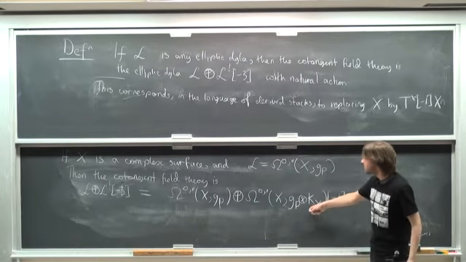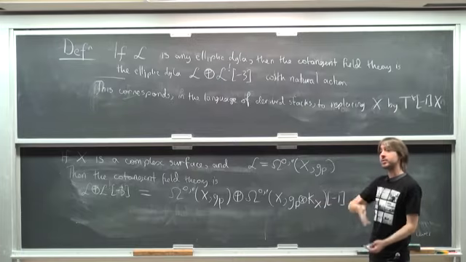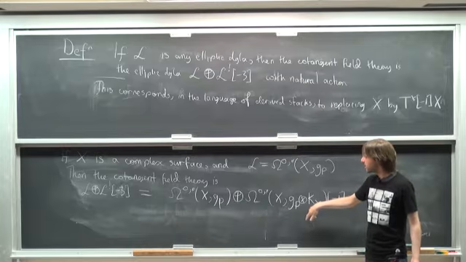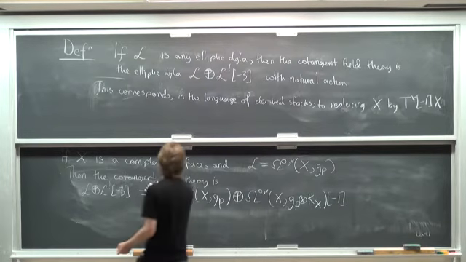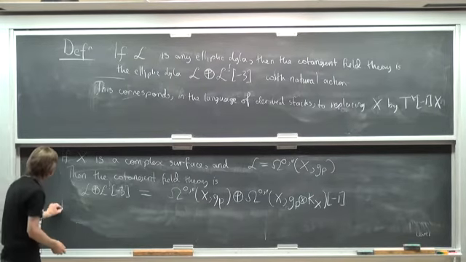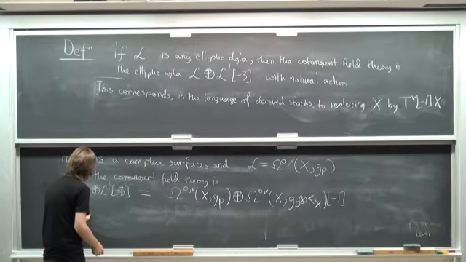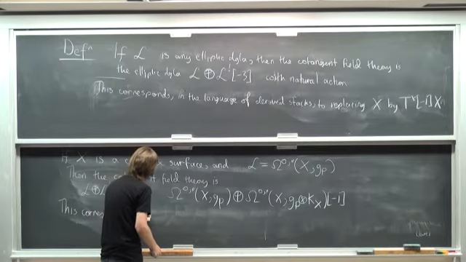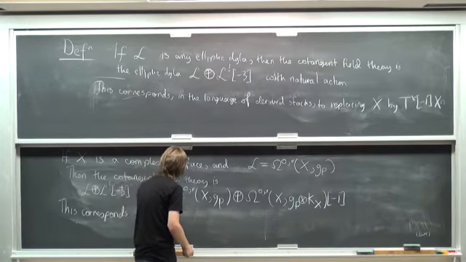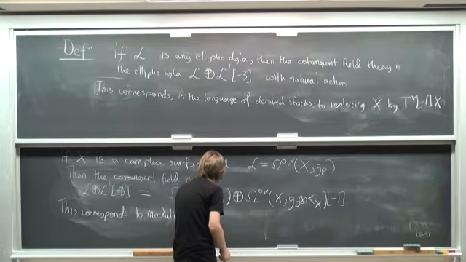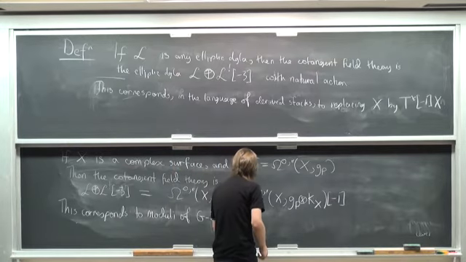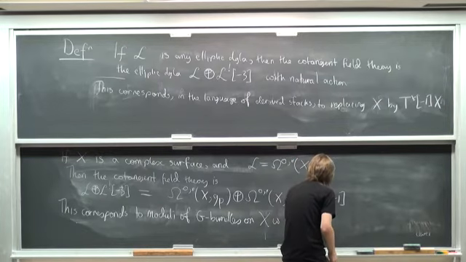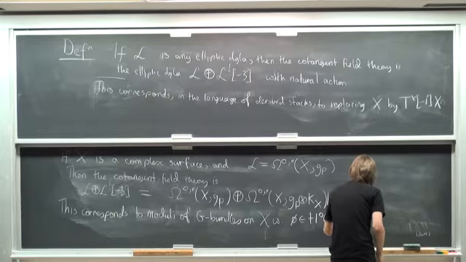So I just add on something which is the dual, and how do I get the dual of 0,k forms? It's 0,n minus k forms. So that's why we have the canonical bundle here. So the corresponding moduli space is the moduli of G bundles on X with some adjoint valued section of the canonical bundle.